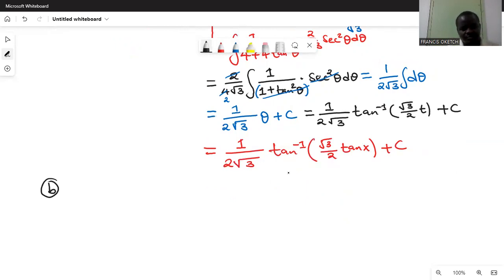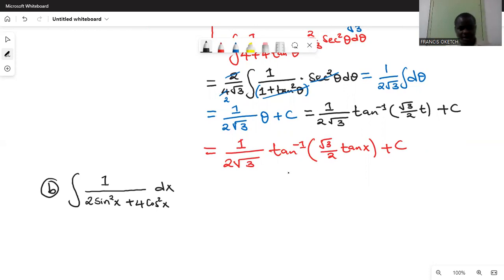It is the integral of 1 over 2 sine squared x plus 4 cos squared x dx.